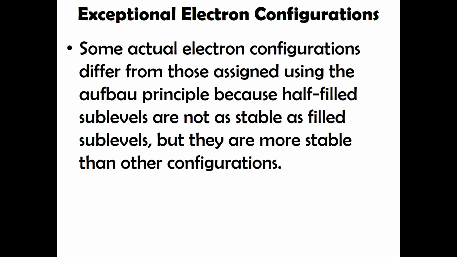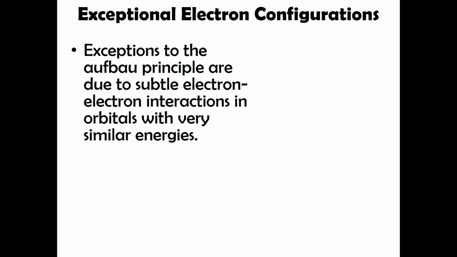So there are some exceptions to electron configurations. Some actual electron configurations differ from those assigned using the Aufbau principle because half-filled sublevels are not as stable as filled sublevels, but they are more stable than other configurations. Exceptions to the Aufbau principle are due to subtle electron-electron interactions in orbitals with very similar energies.